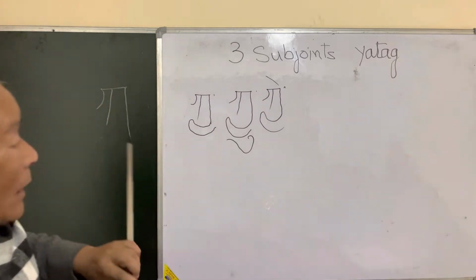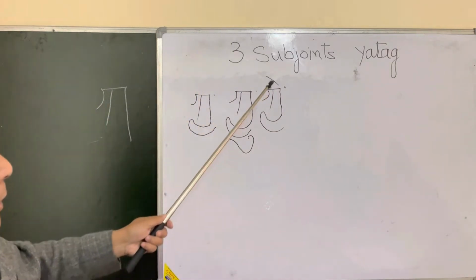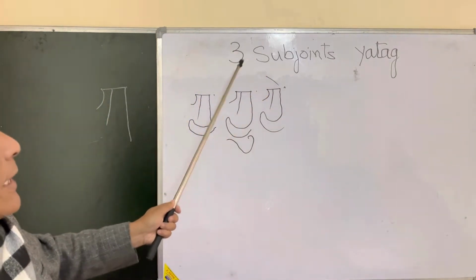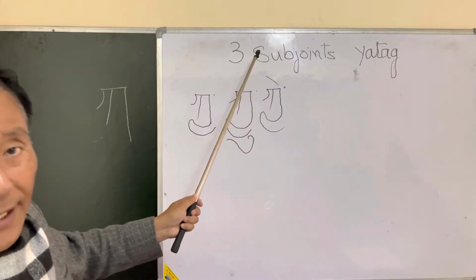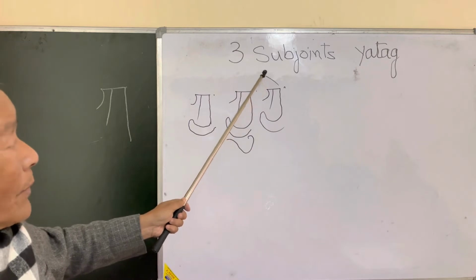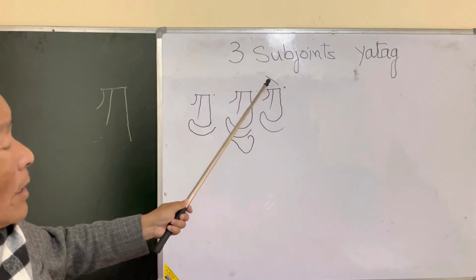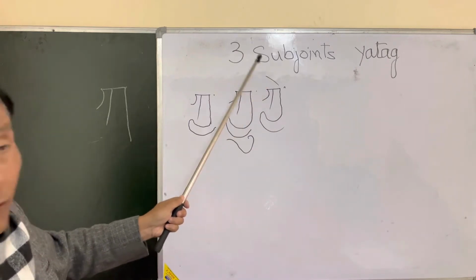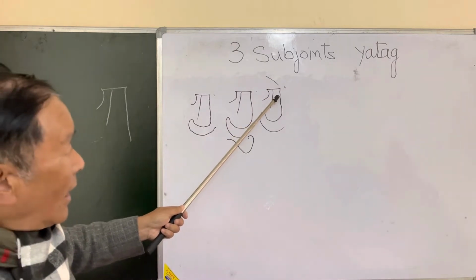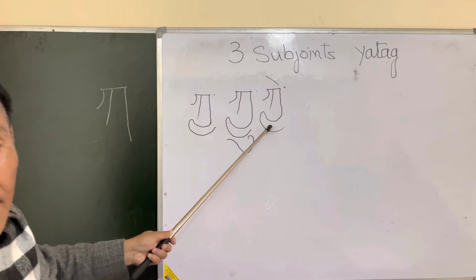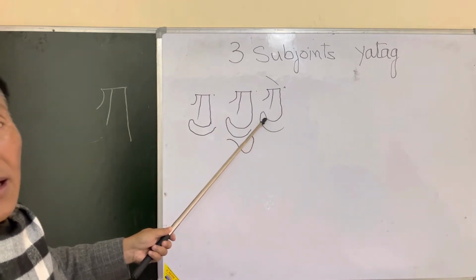So, how do we spell it? If there is a vowel on top of the consonant, we won't pronounce the vowels first. We will start from the consonant. Ka, yatak, kya.